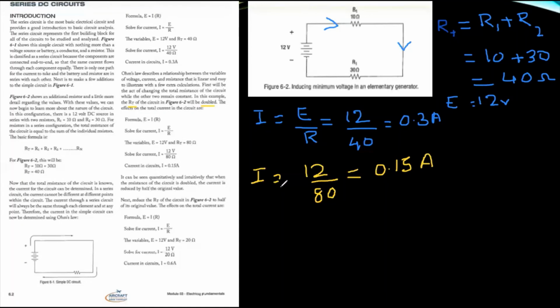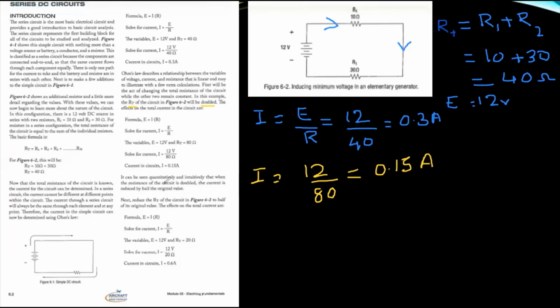In the second case, we have doubled the resistance, so our current has become half of the previous value. Here it is given, the resistance of the circuit is doubled, and the current is reduced by half the original value. Understood?